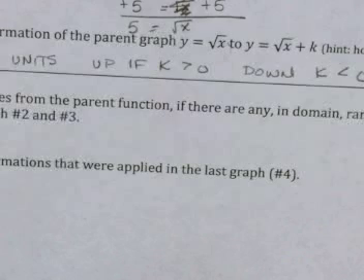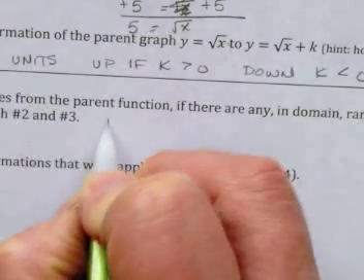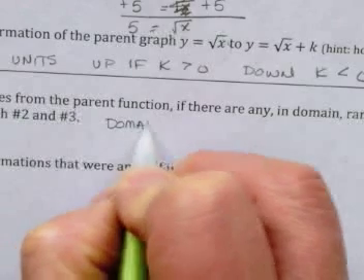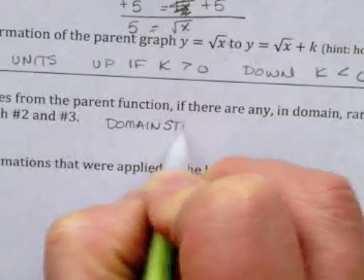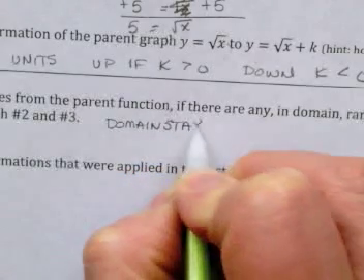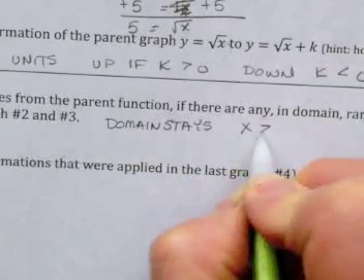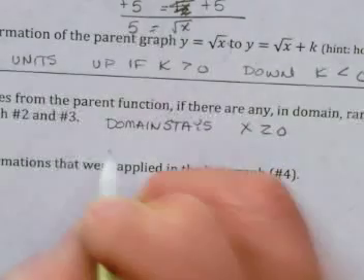So when I shift a square root function up and down, my domain stays the same, and that is x is greater than or equal to 0.